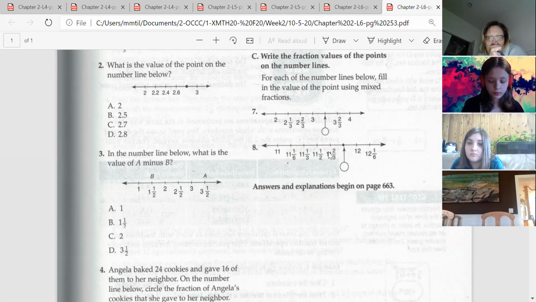If this is 11 2/3, this is 12. I have to go back. Go back to 11, and then put it in perspective, and then this would be 11 and a half. That's an interesting one.